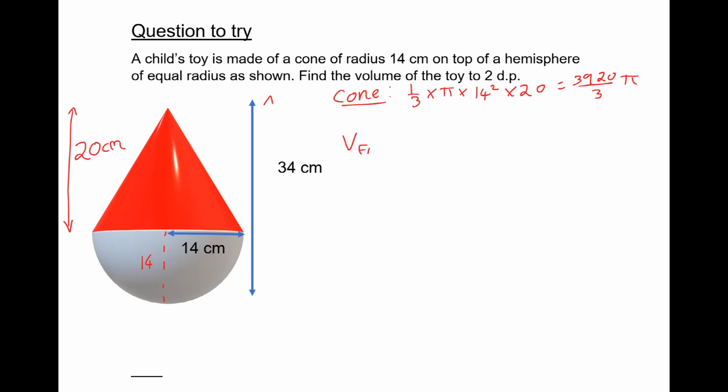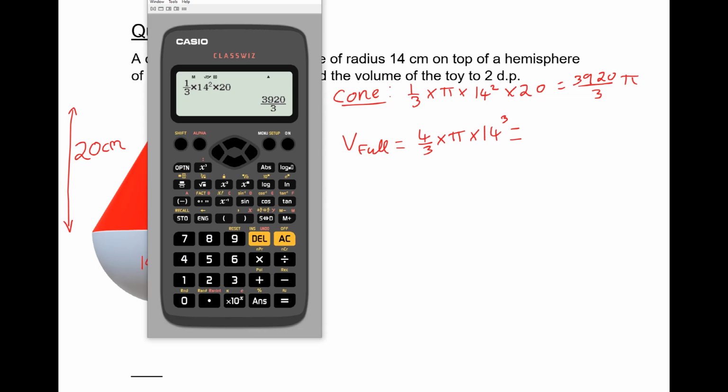Now let's work out the volume of the full sphere. So if we imagine we had a sphere of radius 14, it would be 4/3 times pi times 14 cubed. So let's work out that volume.